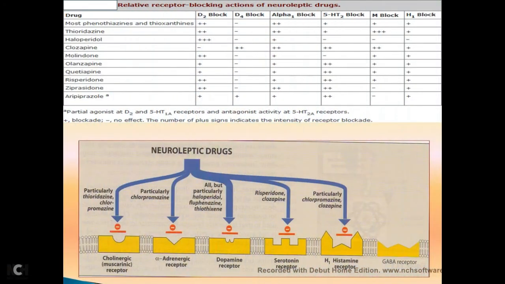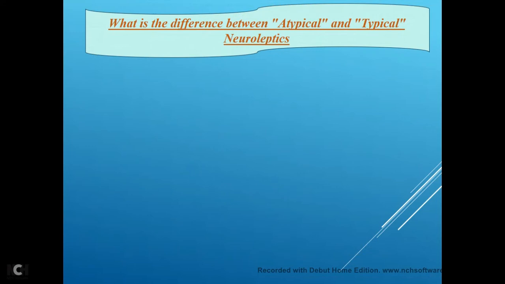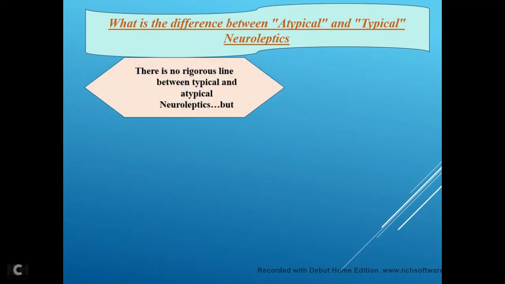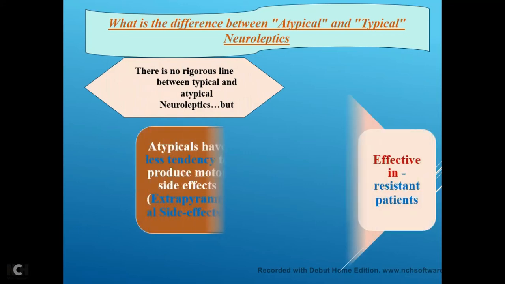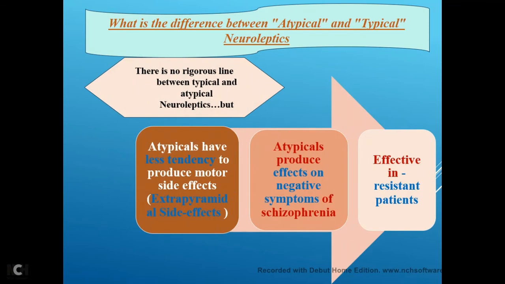This table and figure show the receptor sensitivity of antipsychotic drugs. What is the difference between atypical and typical neuroleptics? There is no rigorous line between the typical and atypical neuroleptics. But atypicals have less tendency to produce motor side effects.